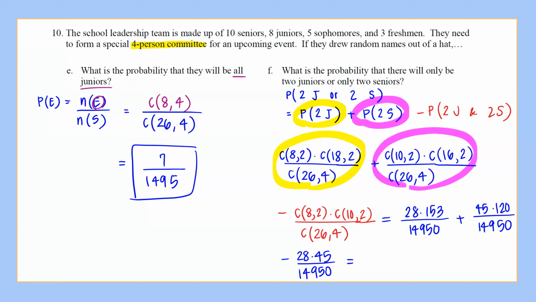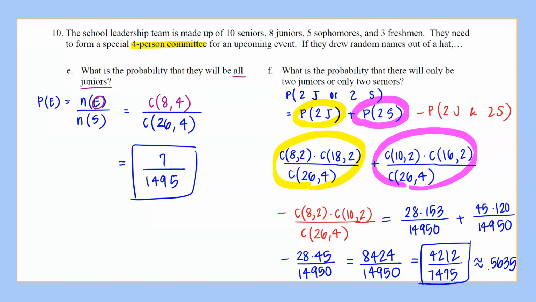And my final answer would be 8,424 divided by 14,950, which I believe would reduce to 4,212 divided by 7,475. As always, if you leave your final answer as a decimal, it would be approximately 0.5635, which is more than 50% likelihood that you'll end up having 2 juniors or 2 seniors.